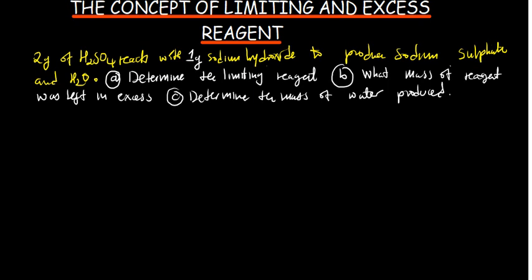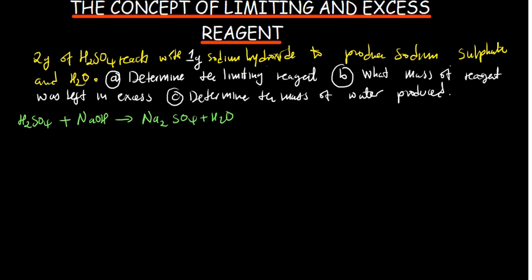Now the first thing, remember, always write the balanced chemical reaction. We already wrote the balanced chemical reaction. Sulfuric acid reacts with sodium hydroxide to form sodium sulfate and water like that.